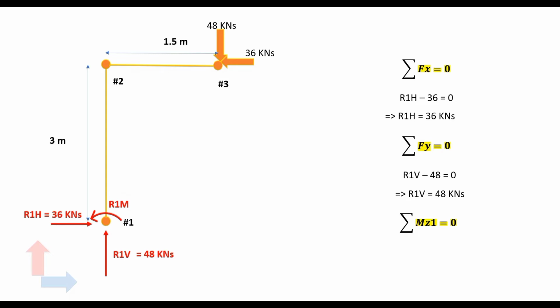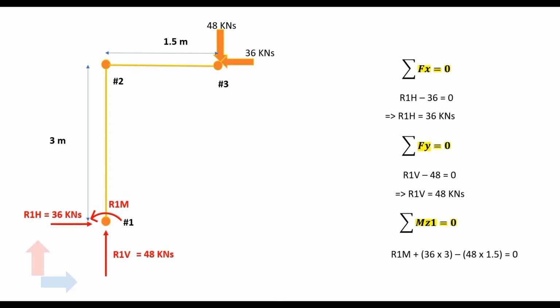Again, we have the horizontal load of 36 kilonewtons acting at a distance of 3 meters from node number 1. However, the moment that this load would create about node number 1 would be in the anti-clockwise direction, and hence it would be a plus 36 into 3 kilonewton meter of moment that would be applied.